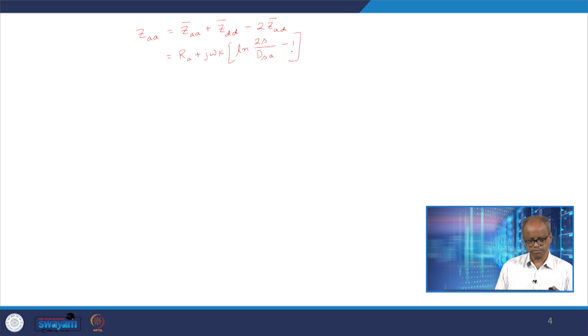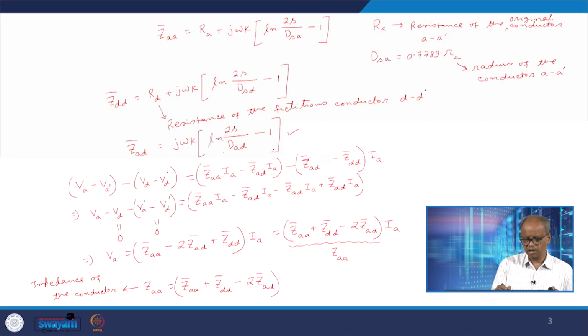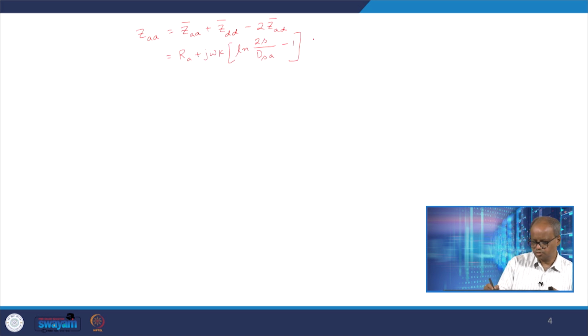Please note that this is the expression of ZA, which is RA plus j omega K into log of 2S by DSA minus 1, and ZDD is RD plus j omega K into log of 2S by DSD minus 1. Then minus 2ZAD.